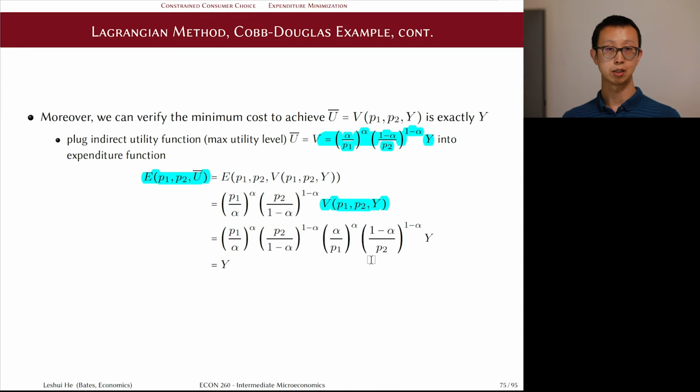So they cancel out with each other perfectly, and we're just left with the expression of y at the end. So we have verified the intuition that the minimum level of expenditure to reach this optimal level of utility u bar when we had a budget of y is indeed a level of expenditure at y.